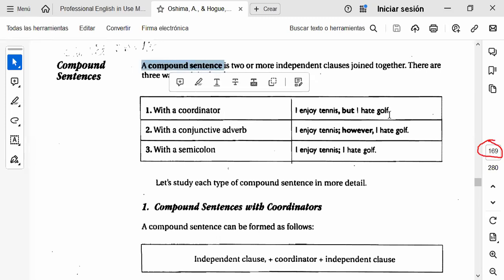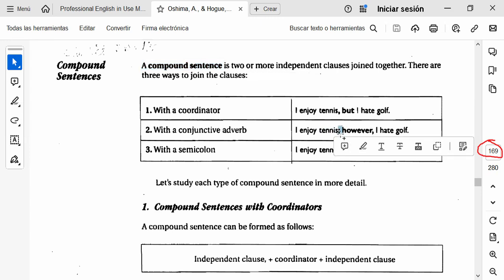I enjoy tennis, but I hate golf. I enjoy tennis; however, I hate golf. Or I enjoy tennis; I hate golf. So those are some ways of joining compound sentences.